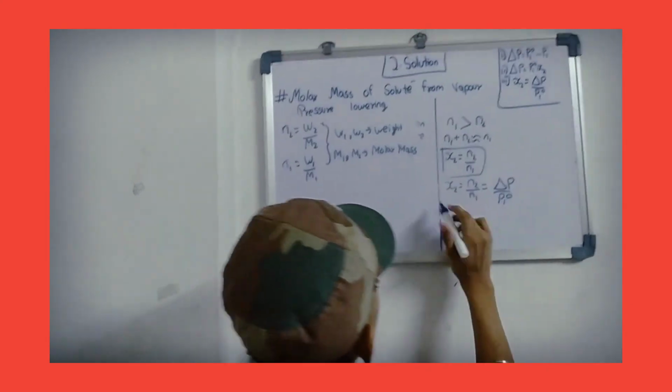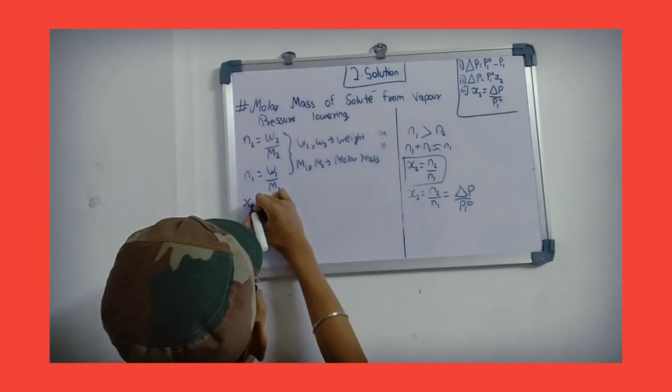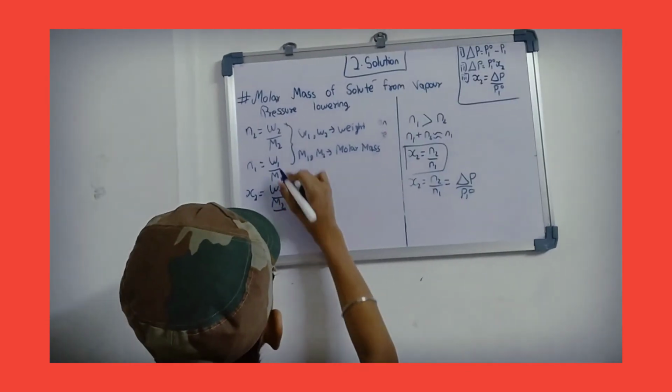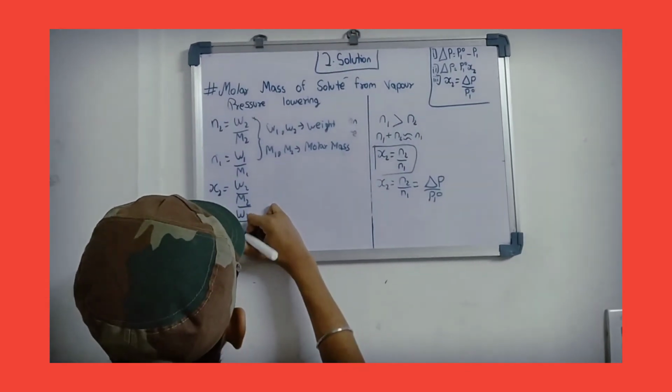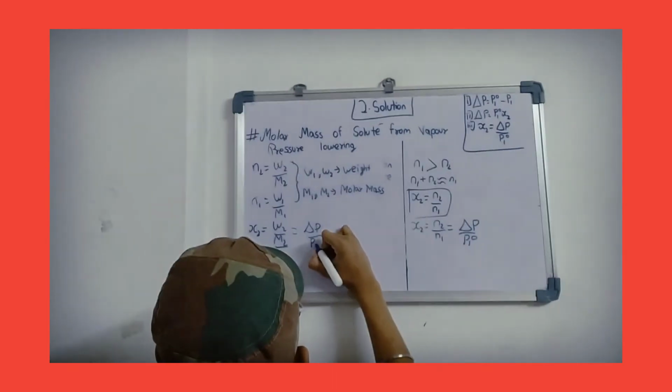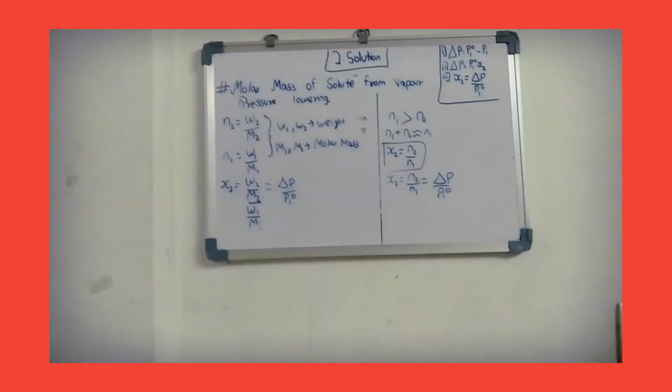So if we substitute in this equation, then we get x2 is equal to N2, that is W2 upon M2, and N1, that is W1 upon M1, and it is equal to delta P upon P1 naught.